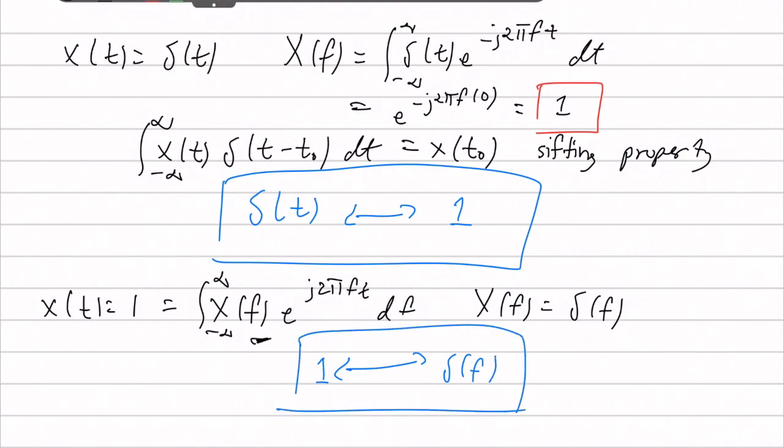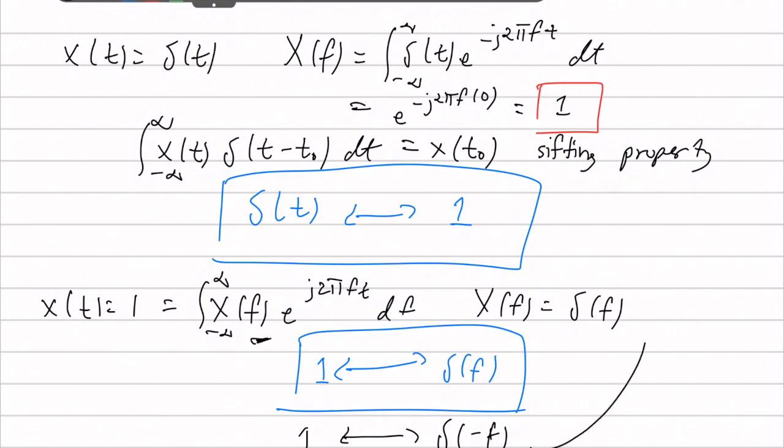Okay, so we could also apply the duality property. We know that delta of t and the constant in the frequency domain are Fourier transform pairs. Now, if we have a constant in the time domain, by the duality property, it should be equal to x of negative f. So that is delta of negative f.